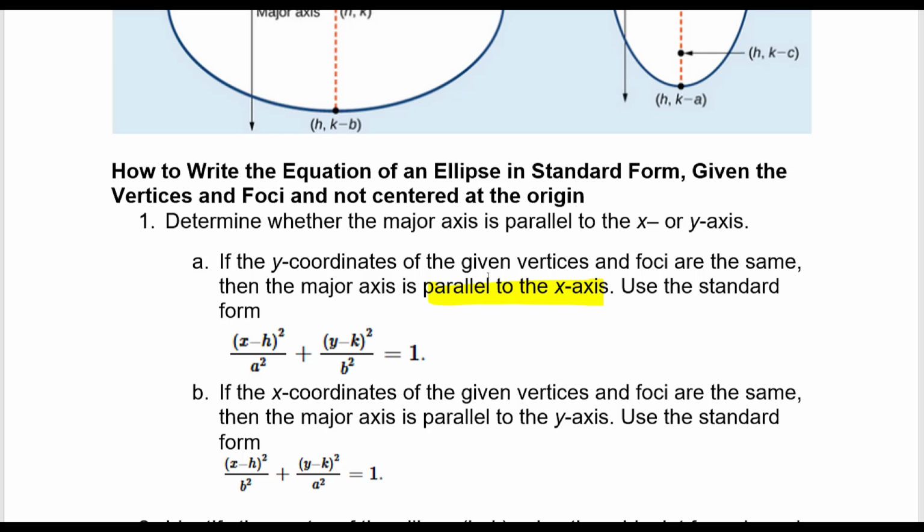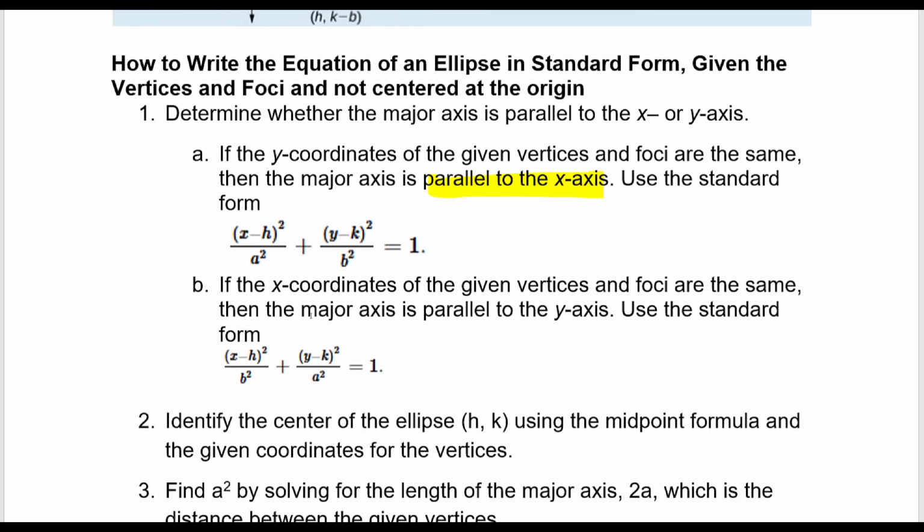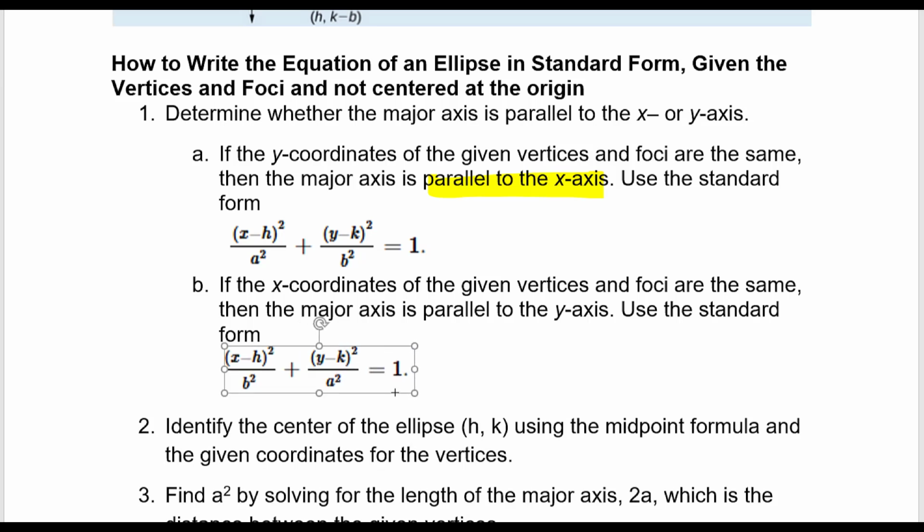So if what you're seeing is like (5, 2) and (3, 2), that means it's moving horizontally for the vertices and foci. If the x-coordinates of the given vertices and foci are the same, the major axis is parallel to the y-axis. Use the standard form (x minus h) squared over b squared plus (y minus k) squared over a squared equals 1.